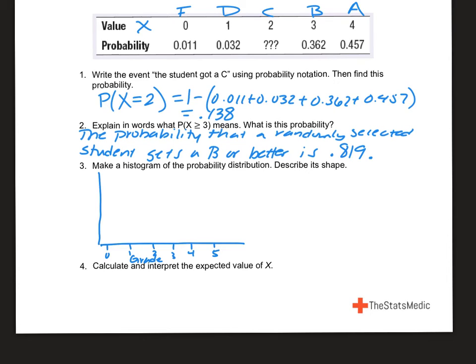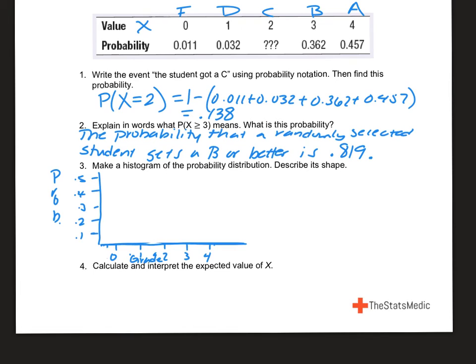I could also center them around the value. You know what? Let's try that on this one. Let's center them around the value. So we'll do this a little differently than we did the last one. So I have 0, 1, 2, 3, and 4. And for my probabilities, I need to go up to about 0.5. So I'm going to do that here. And these are my probabilities.